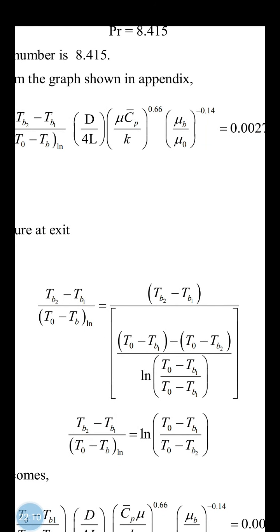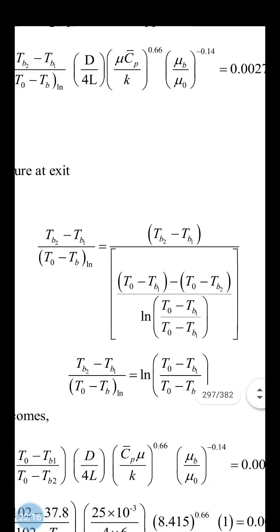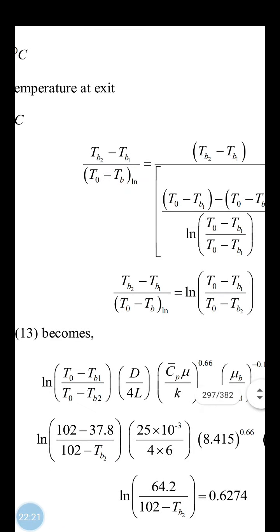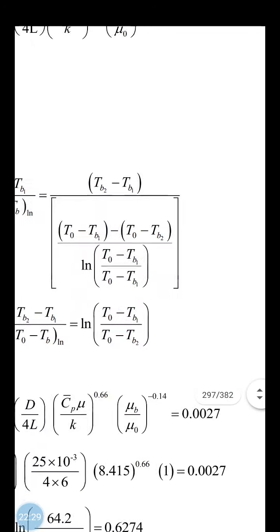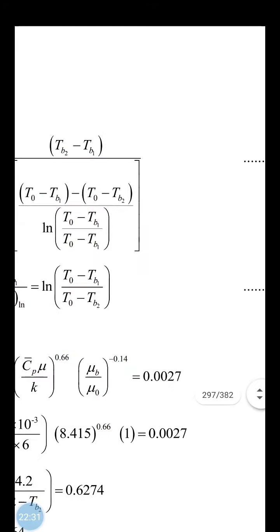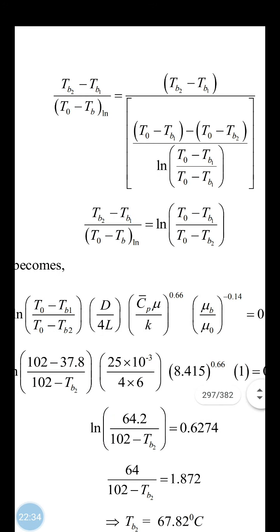Tb2 minus Tb1 upon T0 minus Tb, ln, becomes like this. You can cancel the terms and it becomes ln of T0 minus Tb1 upon T0 minus Tb2. So this will be the equation that we earlier studied: d by 4L, Cp mu by k raised to 0.66, mu b by mu naught raised to 0.14, is equal to 0.0027.